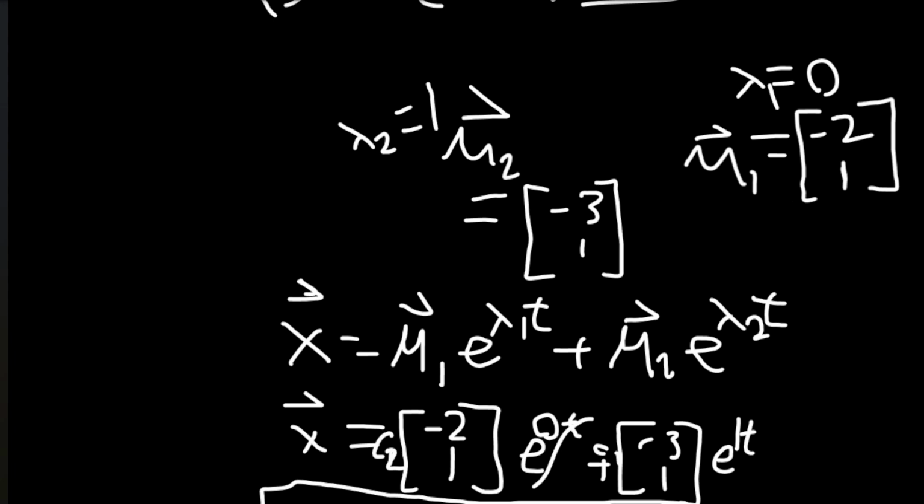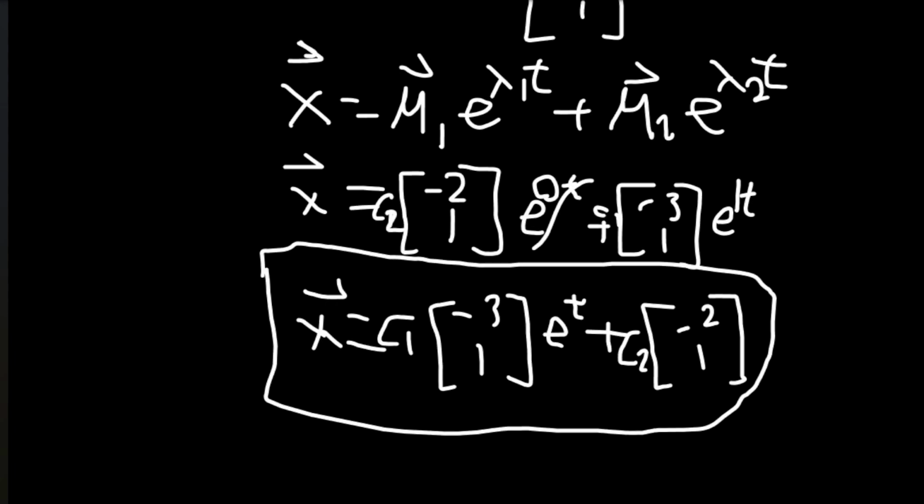I think most people typically just like to use the basis for the eigenspace as their eigenvectors, but technically, as long as they're in the eigenspace, I don't think it's wrong. Although I wouldn't take my word on it, I don't think it would be wrong if you had, say, negative 6 and 2 here, because that just means your constant would be different.